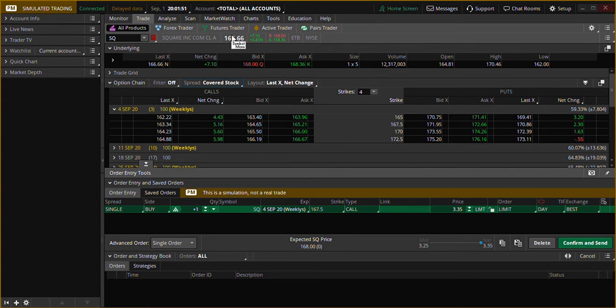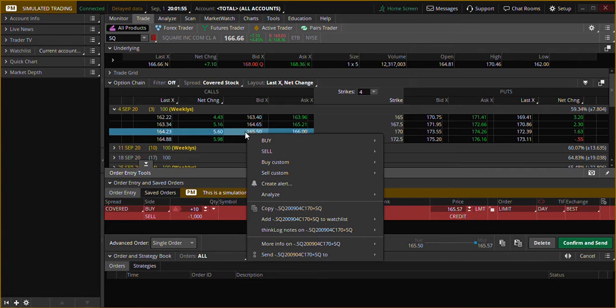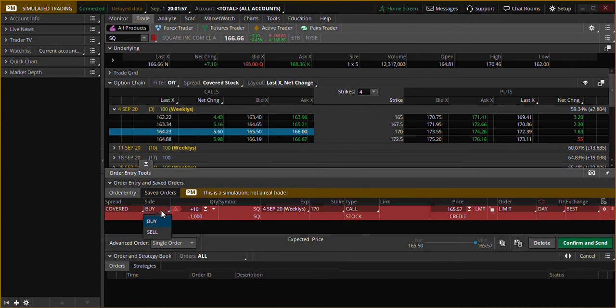So let's say I'll do strike price at 170. If I do the strike at 170, we're buying 100 shares, and we're selling one contract. Here's the shares, stock. Here's the contract, the weekly. So selling one contract, buying 100 shares.